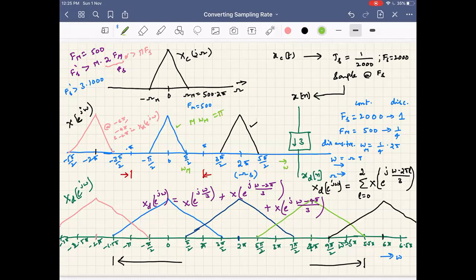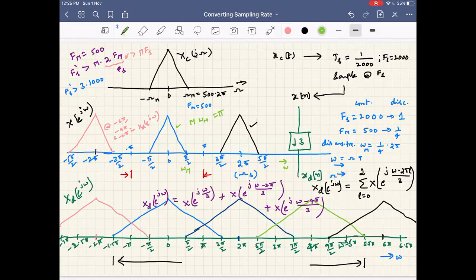If this is only up to pi, then what happens? Similarly, the other spectrum at 2 pi also will stretch only up to pi, and the one from pi to 2 pi will stretch only from minus pi to pi. So I need to limit it even after downsampling.